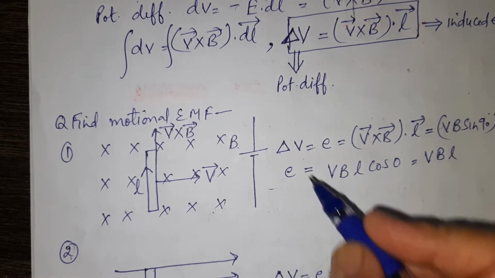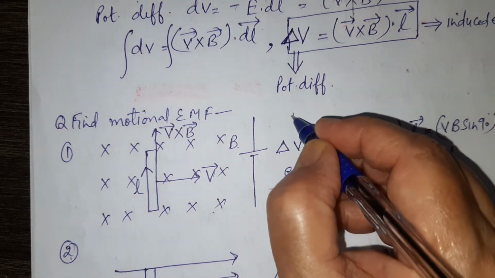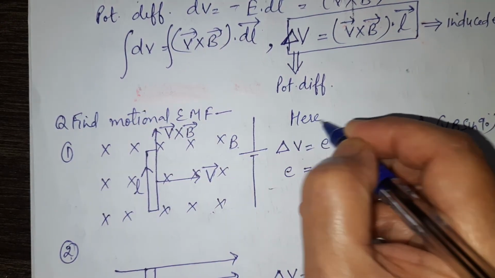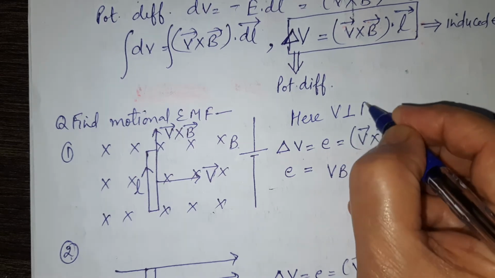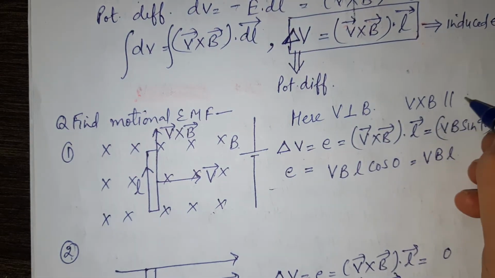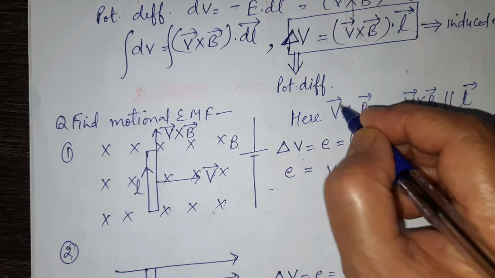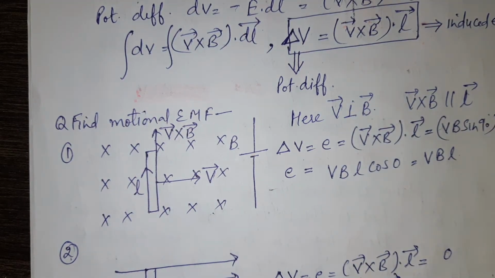So it means V is perpendicular to B and V cross B is parallel to L. This is the first case.